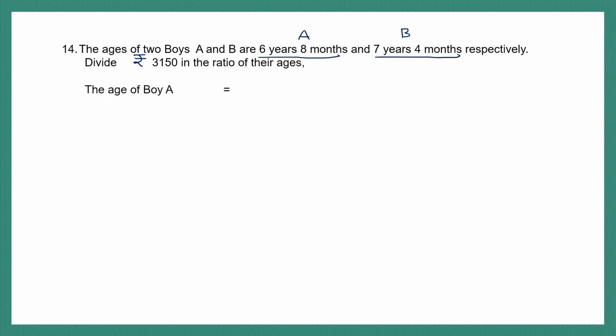So let's start. What is the age of boy A? It is 6 years and 8 months. Let's convert it to months. Let's convert the whole thing to months to make our working easier. So 1 year has 12 months. We know that.